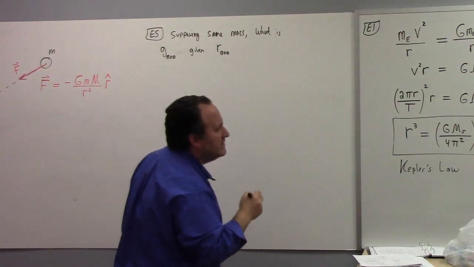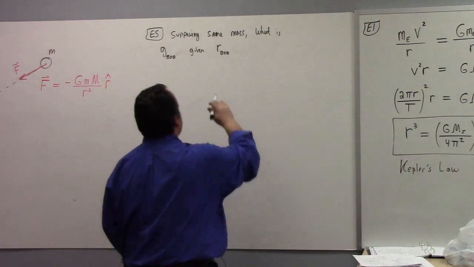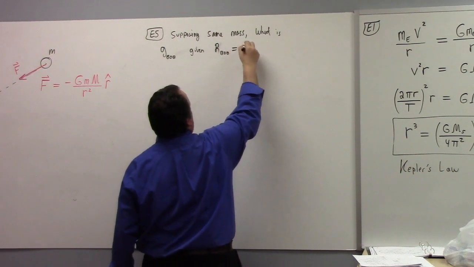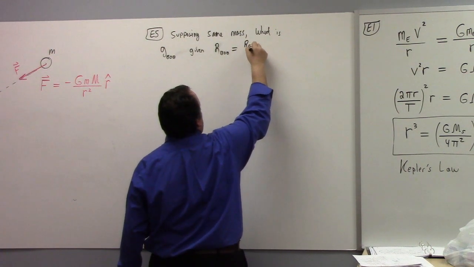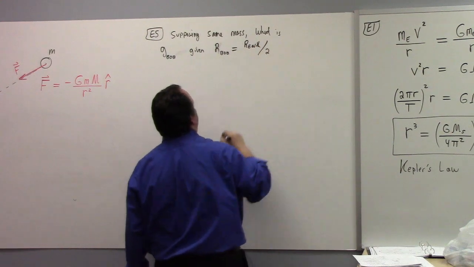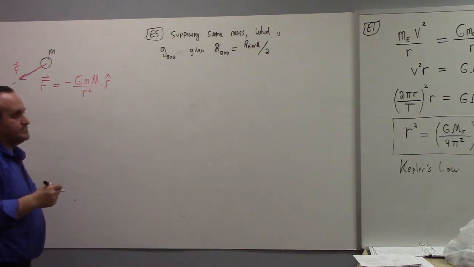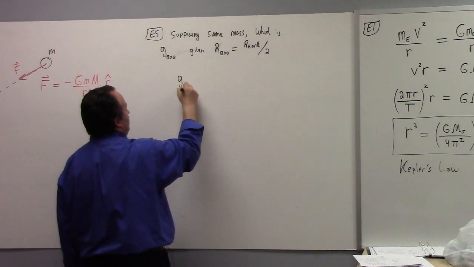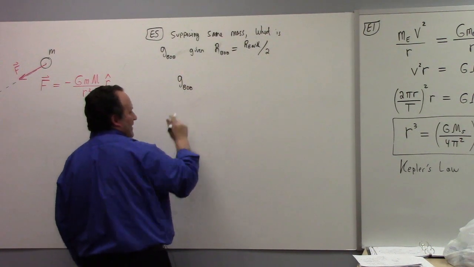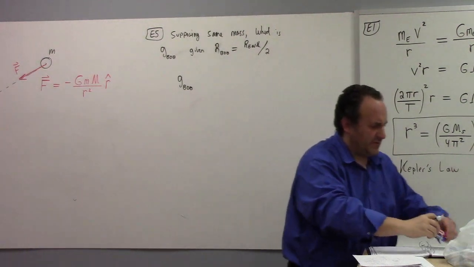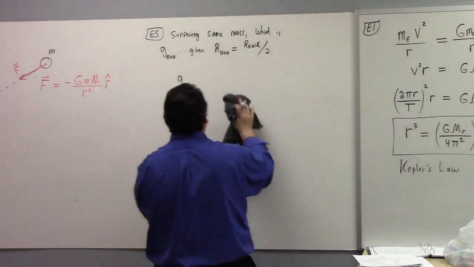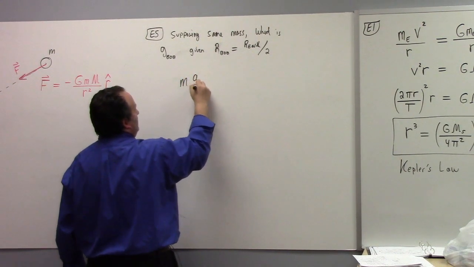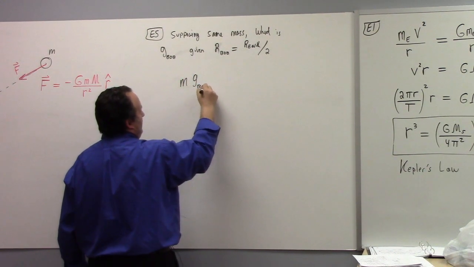Did I use big R? I used big R, didn't I? All right, so the radius for big Bob here is equal to the radius of the Earth divided by 2. So we know that if we solve for G Bob, what do we get? Let me actually run through the logic here rather than just telling you the answer. So the logic is this: the mass times the Bob gravitation, whatever it is, we don't know it.